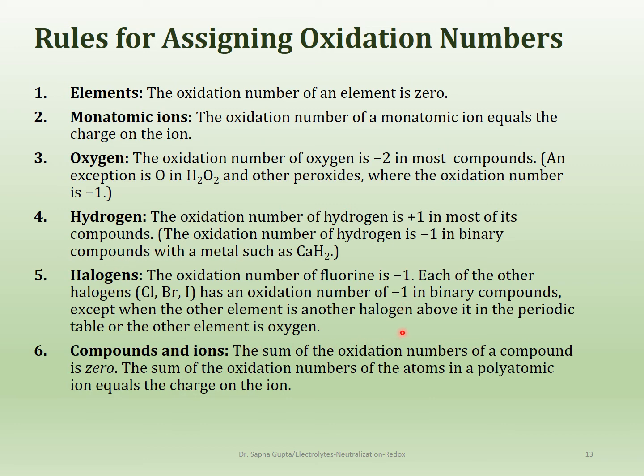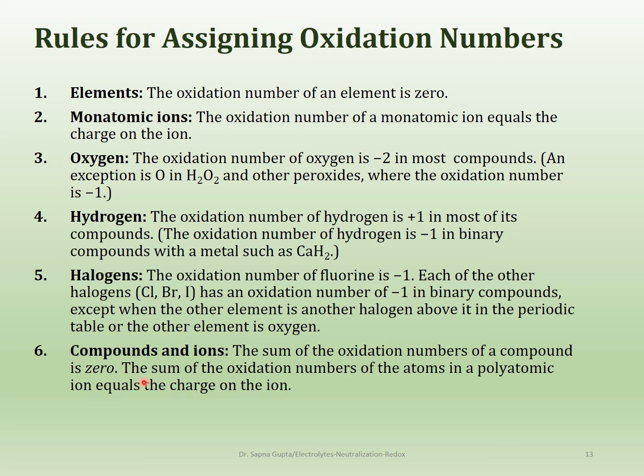In some cases, things are different, and we'll talk about those exceptions when you have oxidation states for halogens which are not -1. But for the most part, if you're trying to figure out the oxidation number for a metal that is bonded to a halogen, then you will take the halogen as -1.